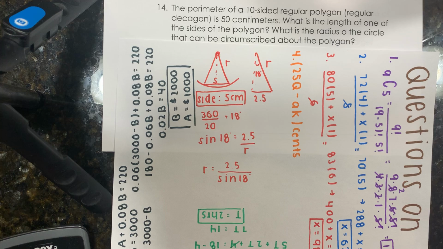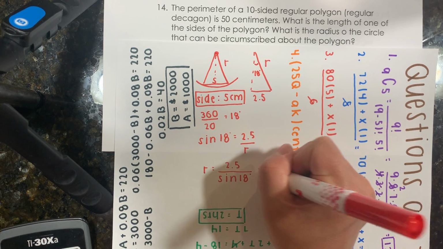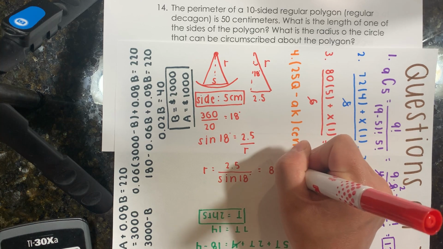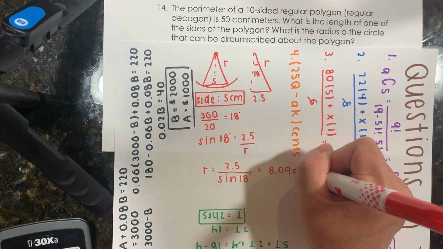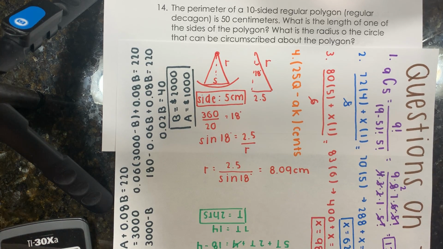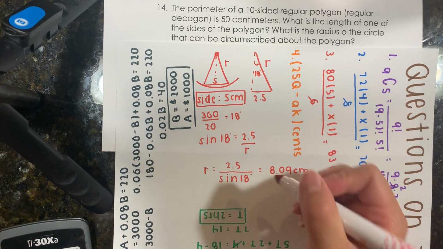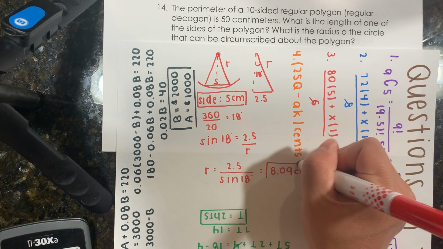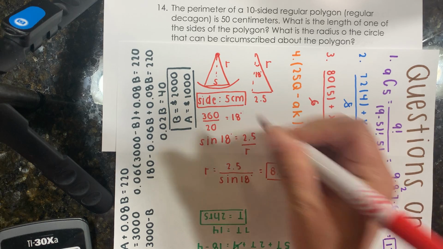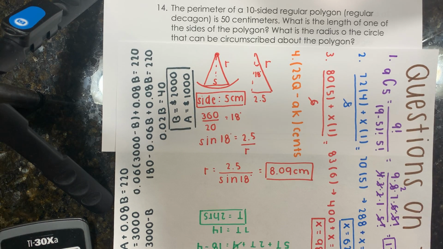So 2.5 divided by sine of 18 equals, your answer is going to be 8.09 centimeters. And that's for the radius. So you already found the length of the side. You just have to find the radius.